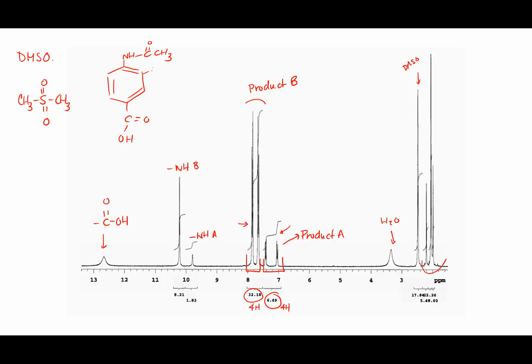Because we've got the 2 hydrogens here, and we've got the 2 hydrogens here. So all I have to do then is to treat these integration values just like I did in a GC experiment.